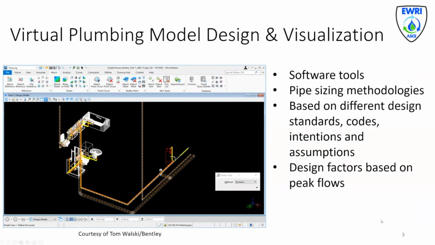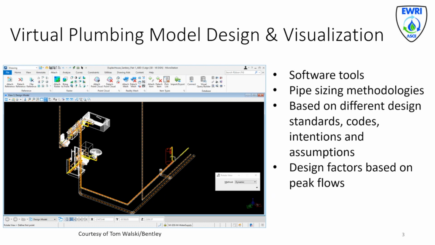So again, today the focus is on how you design a premise plumbing layout. There are many software tools available, and you're going to hear from several different speakers. They all use different approaches. One of the really interesting things today is to learn how these approaches are different. What are the different codes and standards that are informing those approaches?